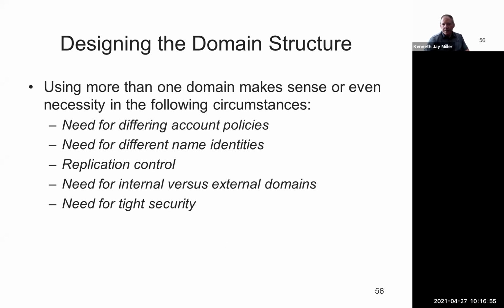Now, using more than one domain makes sense or is necessary if you have different account policies, different naming policies. Replication, you want to control where it's replicated because of the speed of the connection, or you may have internal versus external domains, right? You may have some trust relationships where you want to be able to access their inventory.